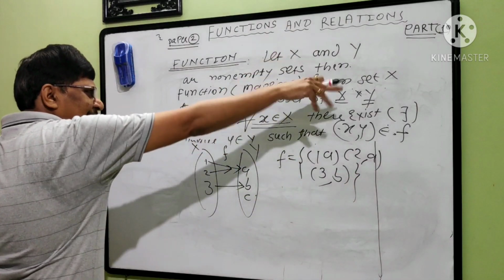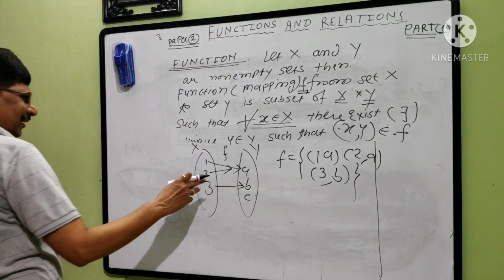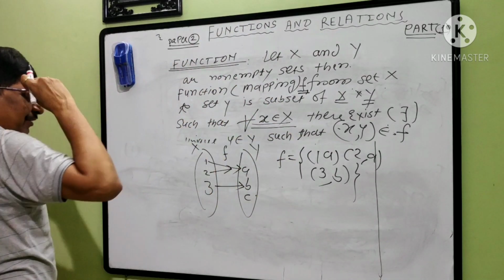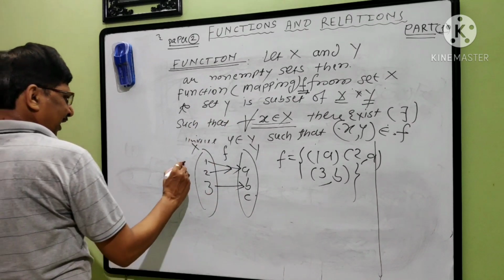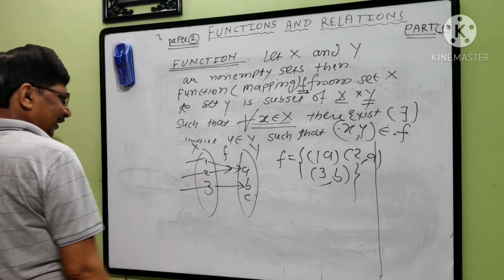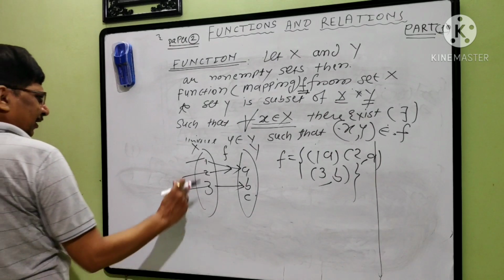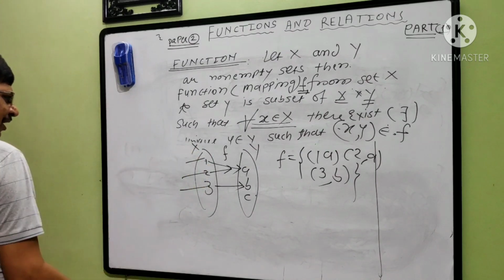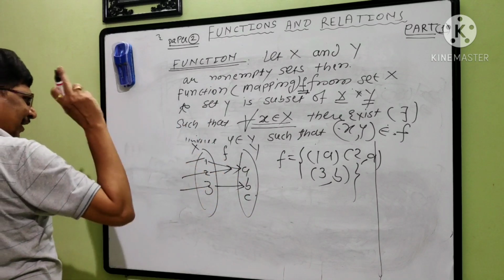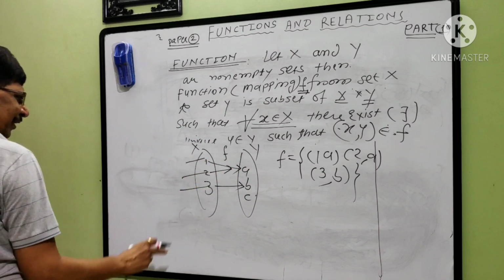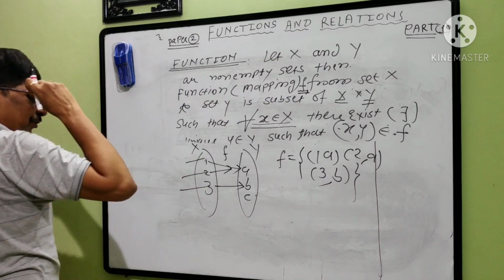It is a subset of the Cartesian product X cross Y. Definitely it will be a subset of X cross Y. Okay. Now first thing, that every element should be related. Now every element of this set X is related, and there should exist a unique y for each element in X.